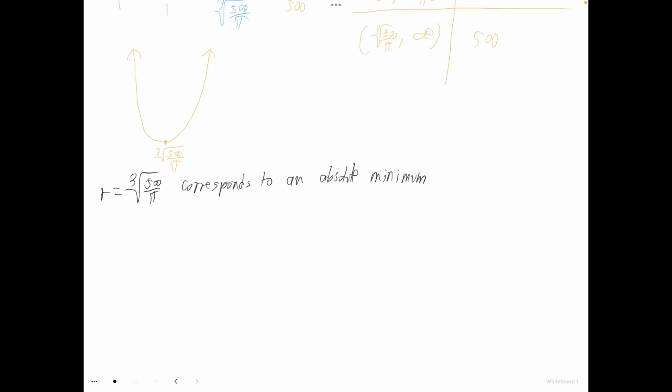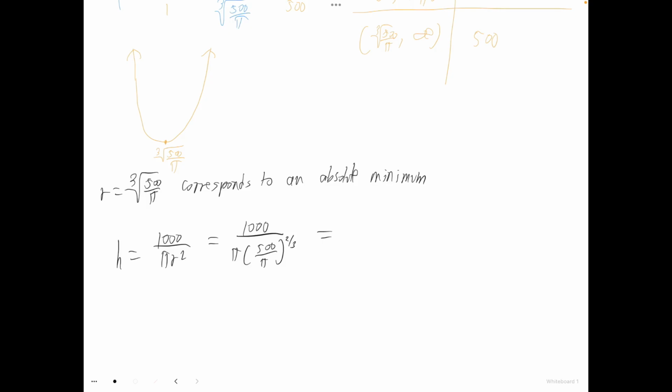Okay, now we wanted to know the dimensions, so we need to know h as well. So h was equal to 1,000 over pi r squared. So this is going to be 1,000 divided by pi times 500 over pi to the 2/3. So I'm taking the cube root of 500 over pi and then squaring it, which is the same as the 2/3 power.